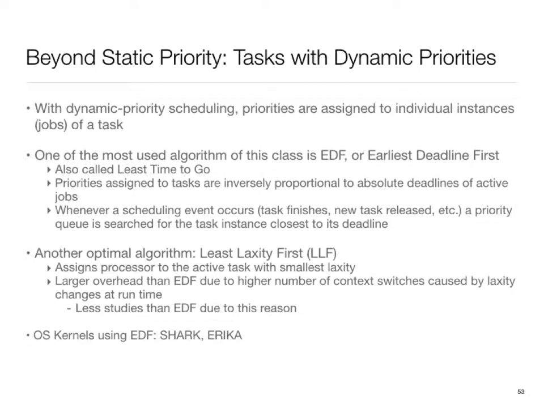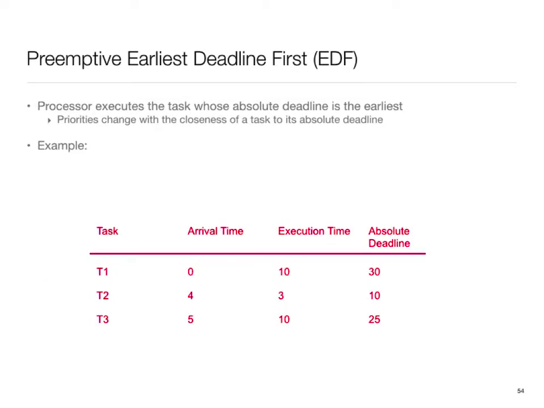I think some months ago I saw that Shark was being implemented on Embed also, but anyway, they exist. The one which you will more likely encounter is EDF, both preemptive and non-preemptive versions. In communication systems like switches, it would be non-preemptive EDF. In the case of CPUs, it would be preemptive EDF.